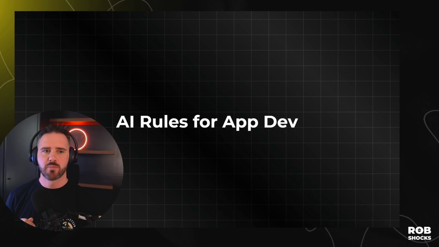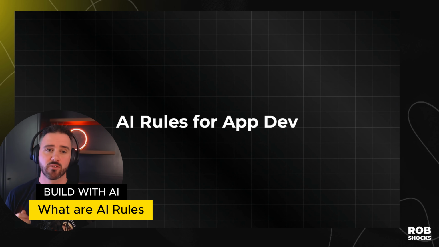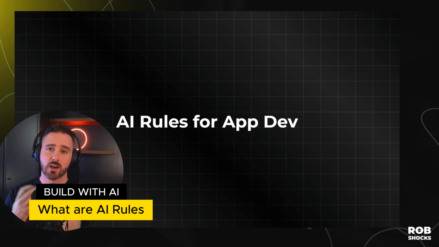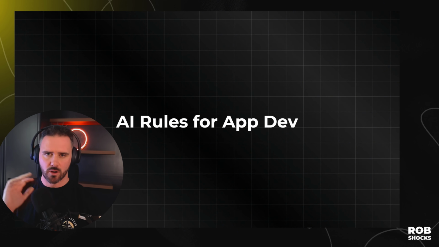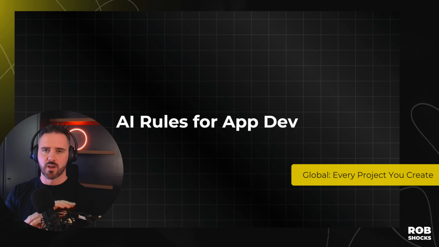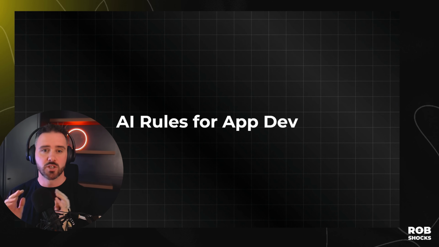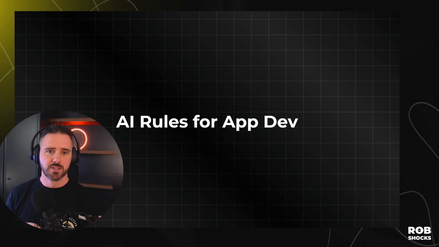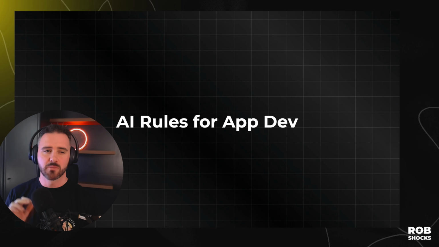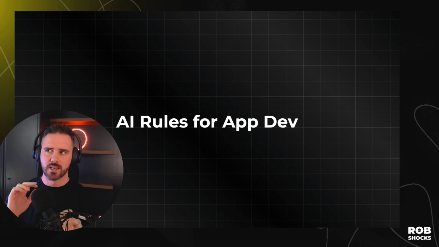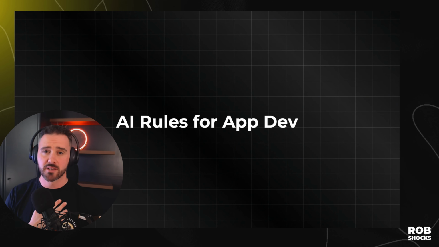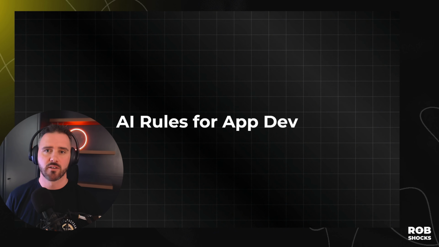So Cursor AI basically allows you to influence how the AI operates and how it writes code. And we do this with either a global rule that works across everything you do in Cursor, or via project rules that are specific to each project that you create. So this is really powerful because it helps nudge the large language model in the right direction based on your experience and the collective experience of others.